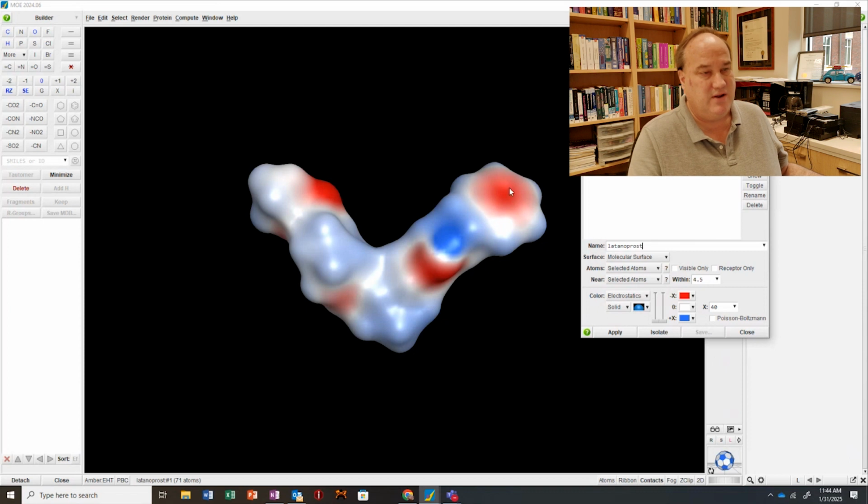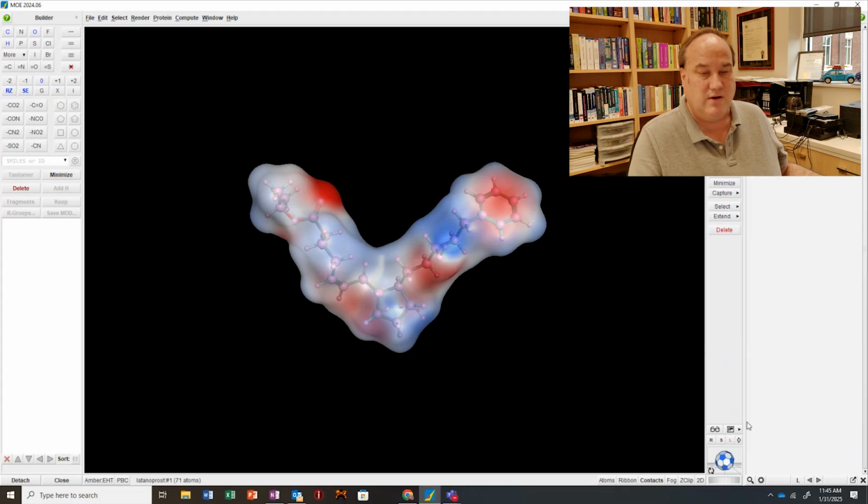So this red region is negatively charged. That's essentially electron density. So this is the phenyl ring up here. Now we can't really see the ring, but if we drag here, we can make this surface slightly translucent, and then we can see a little bit on the inside of the drug.